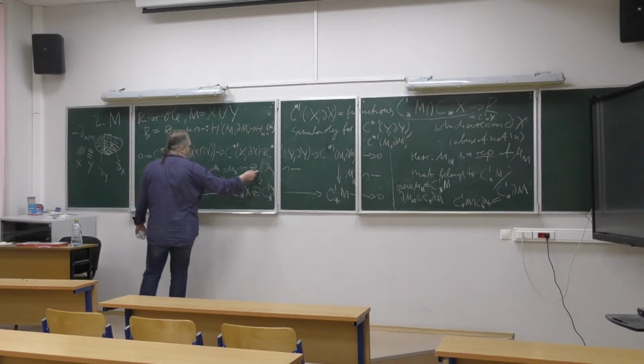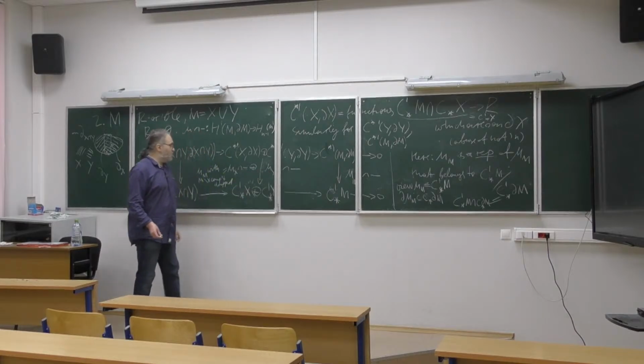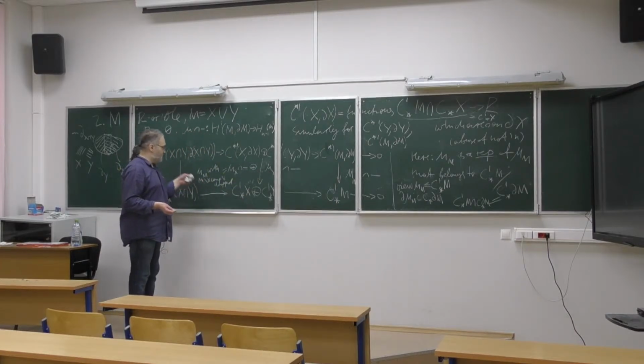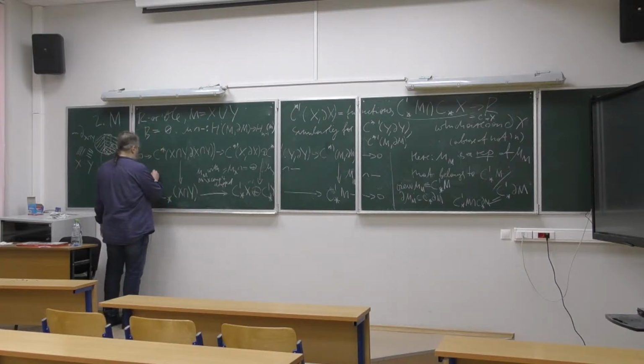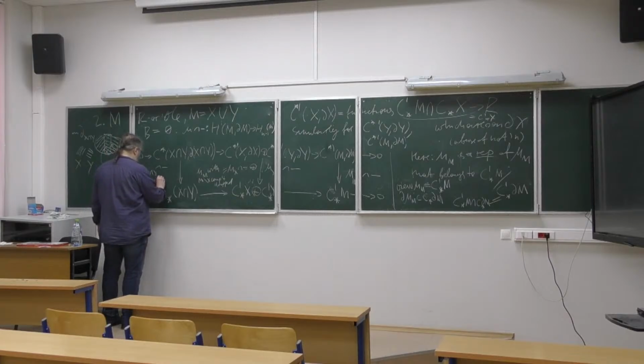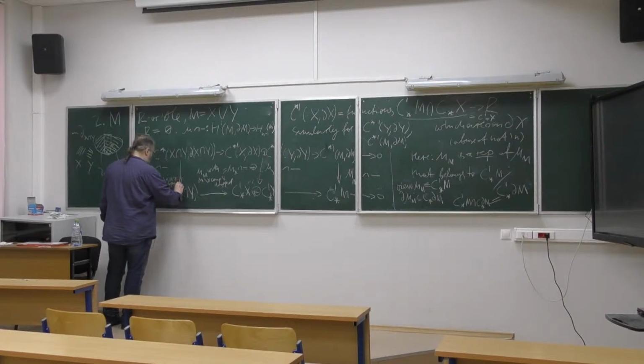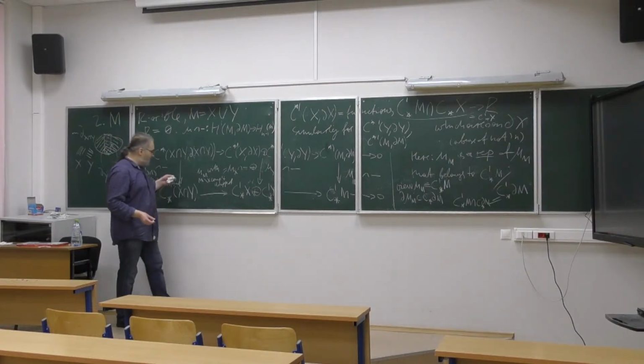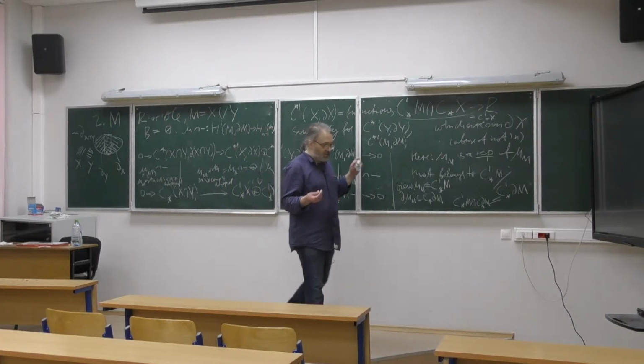And the same applies to this one, mu y. We drop the m minus y component, and similarly mu x intersected with y is mu m with m minus y and m minus x components both dropped.